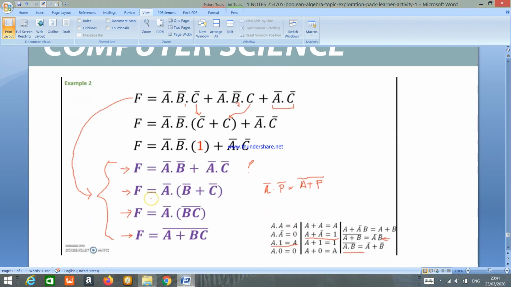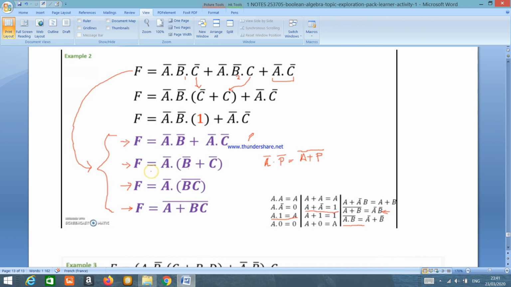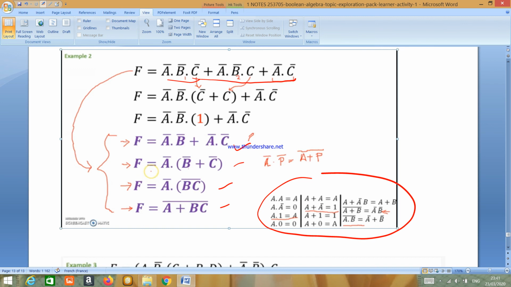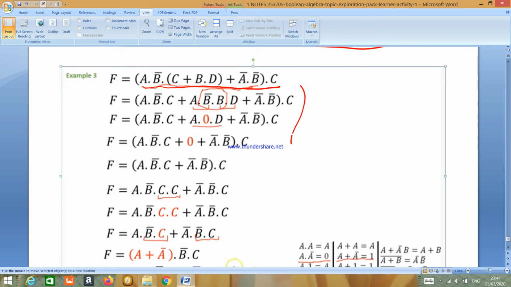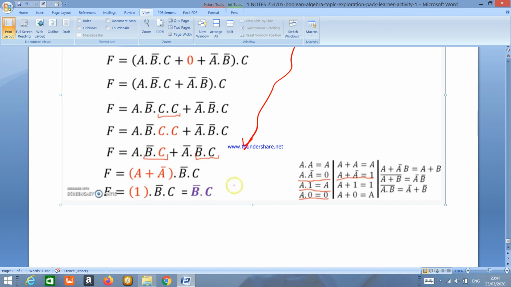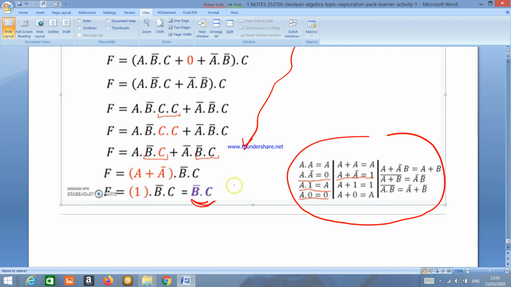Second example, you try to simplify using Boolean algebra, and there are 4 possible answers: 1, 2, 3, 4, using the following rules. In the third example, try to simplify this Boolean expression step by step using the following identities. You will get this as the answer.